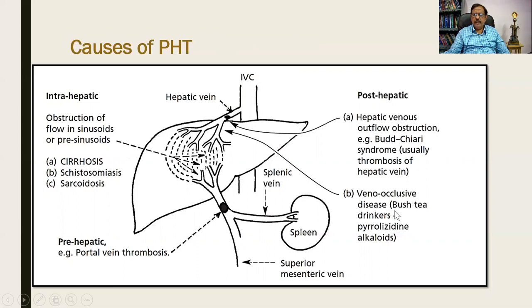Sometimes there can be a veno-occlusive disease, as in the Bush tea drinkers. Also, you find that prehepatic, before the veins reach the liver, there can be a thrombosis, etc. That can lead to a portal hypertension. Various causes are there. I would like you people to kindly go through the list.